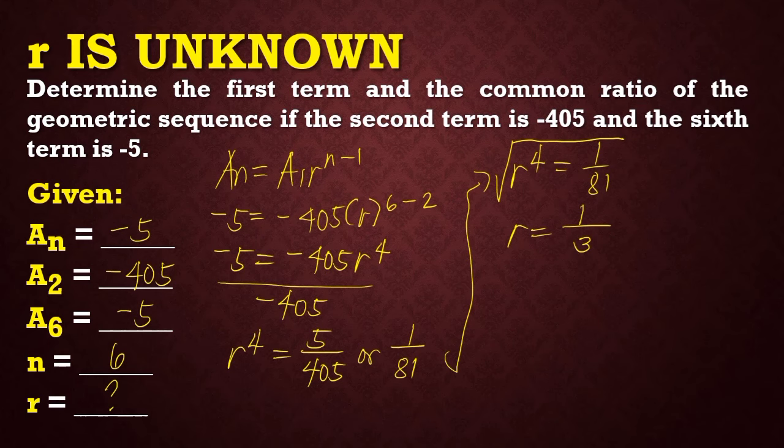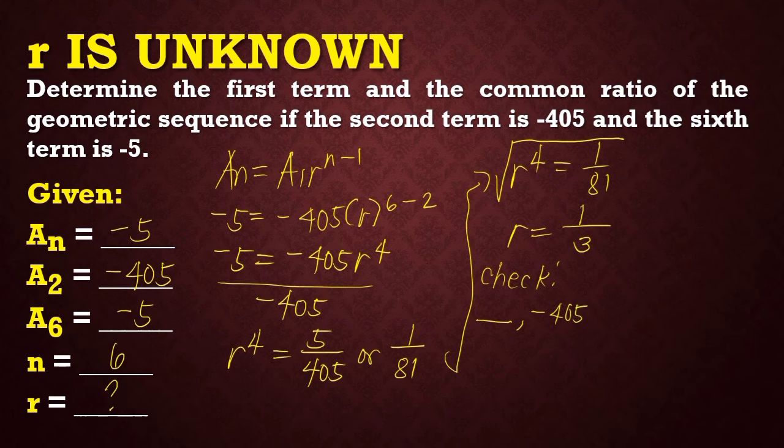So, to check, yung common ratio po natin is 1/3. And then yung second term natin dito is negative 405. Okay.